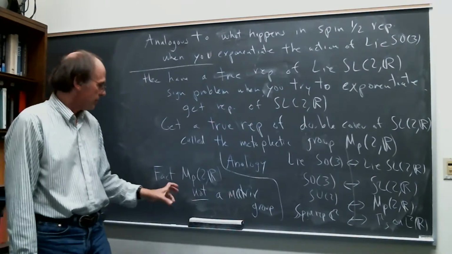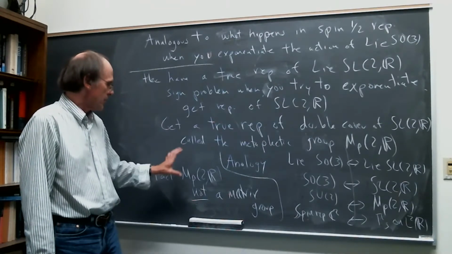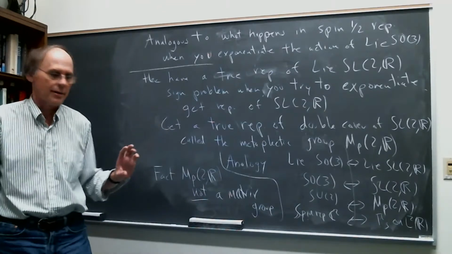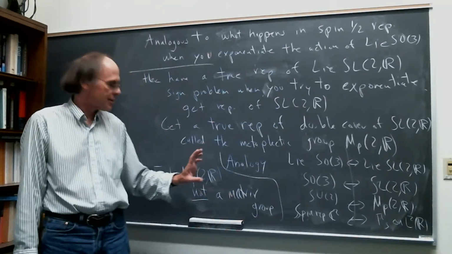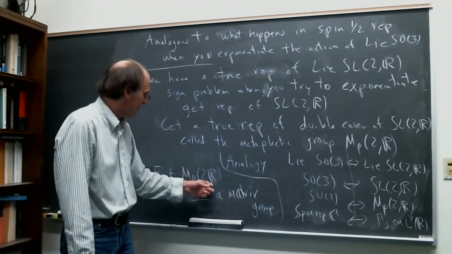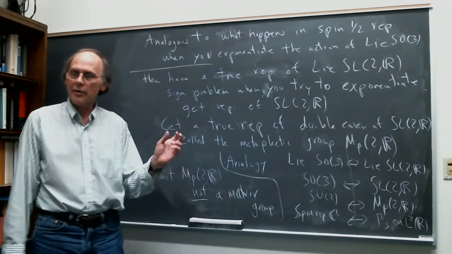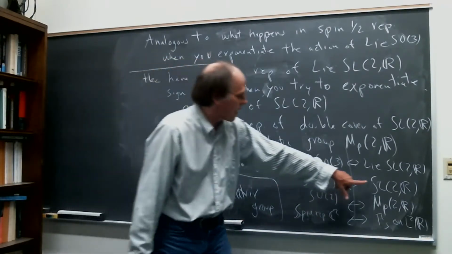Well, here there's kind of one example that really occurs. This is about the only example people ever see of this. It's a perfectly well-defined Lie group. It's got its dimension. SL2R has dimension 3.